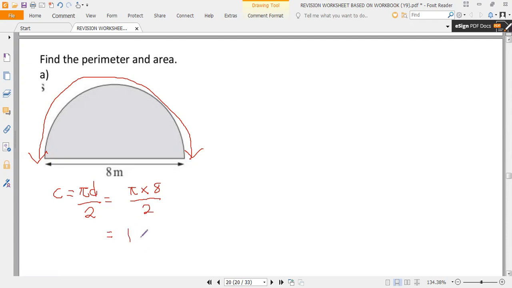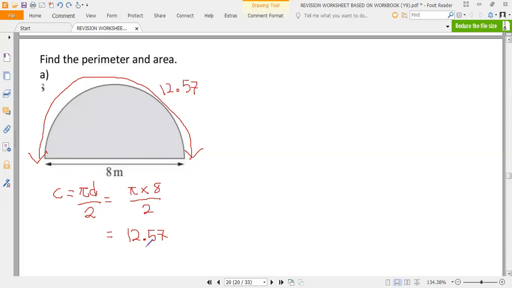We can make it one place as well. 12.57 is only for the curved part. But if it's a perimeter, you have to make it complete. So you have to add 8 as well. If you forget to plus 8, then you won't get full marks in the exam.